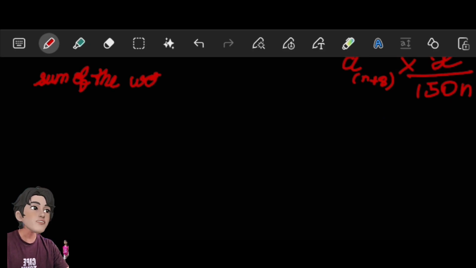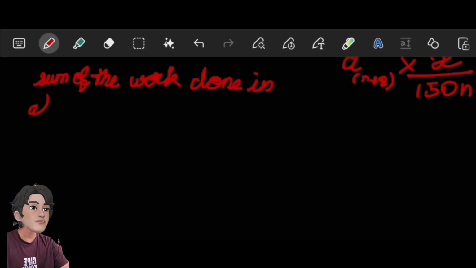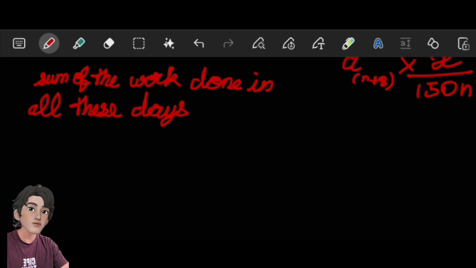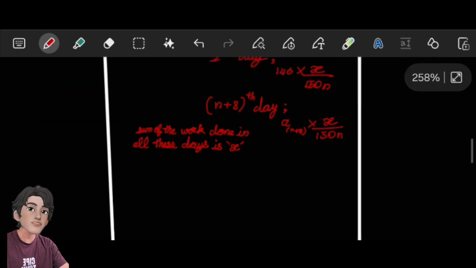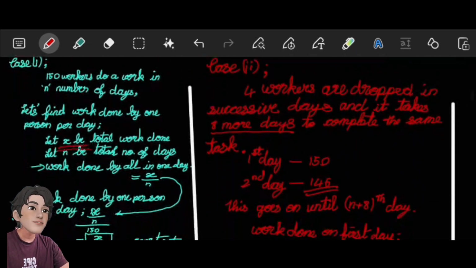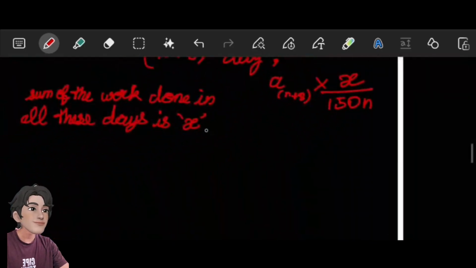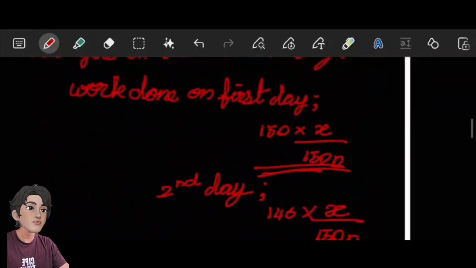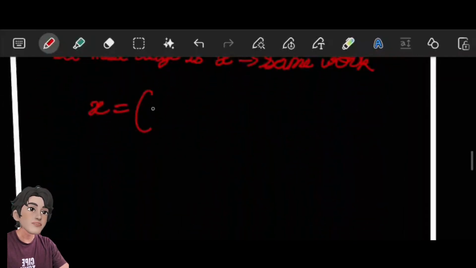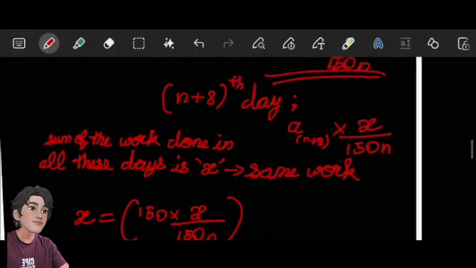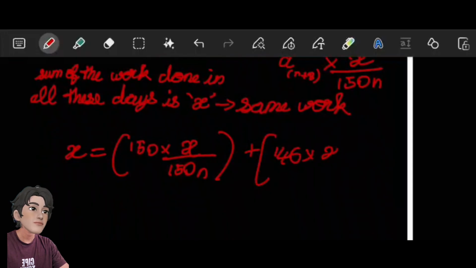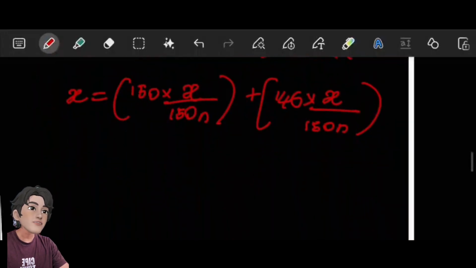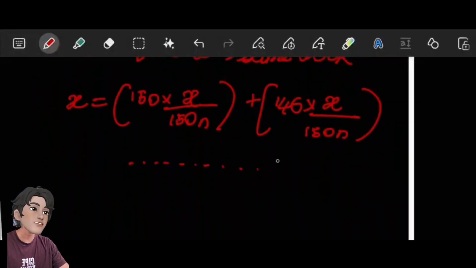Now the sum of all the work done on all these days is x. As we have discussed before, the work done is the same in case 1 as well as in case 2, and we took that variable to be x. So we can derive x is equal to work done on the first day, plus work done on the second day, added to the successive terms until the work done on the n plus 8th day.